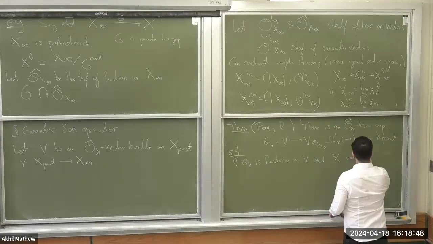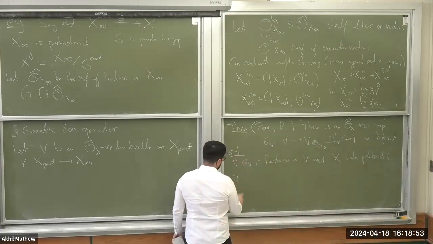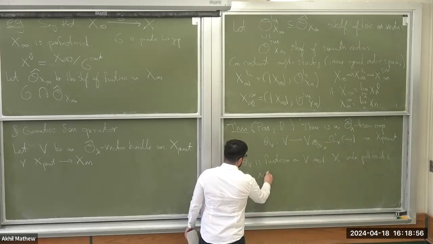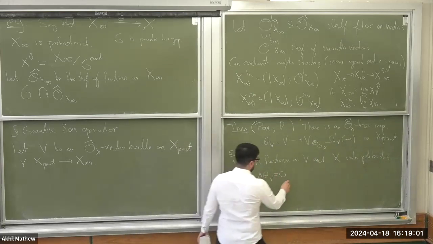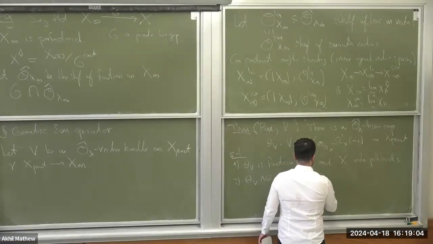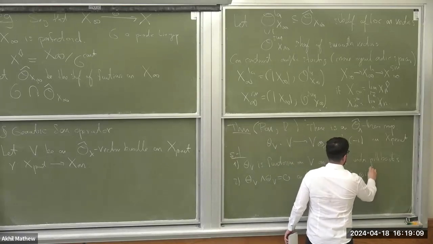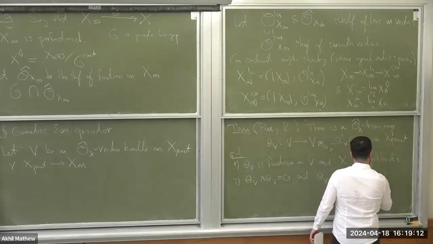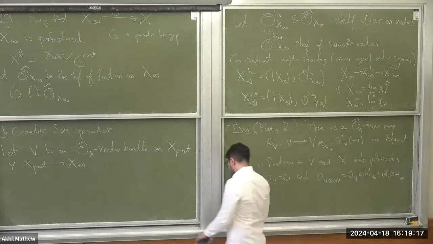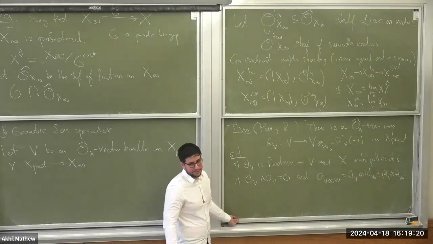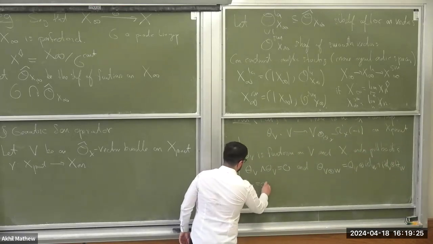The property is that this is a Higgs field, meaning that it equals 0, and also it's a derivation in terms of this. So R is 0. This is 0. Okay.